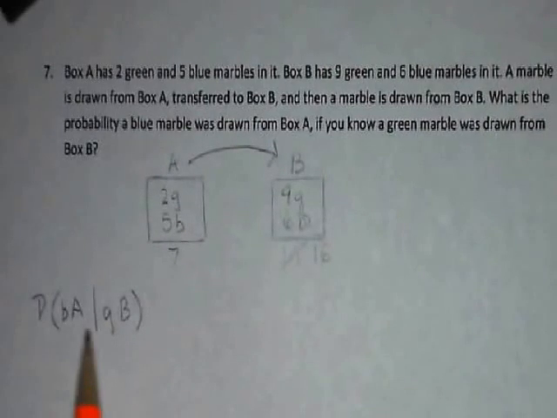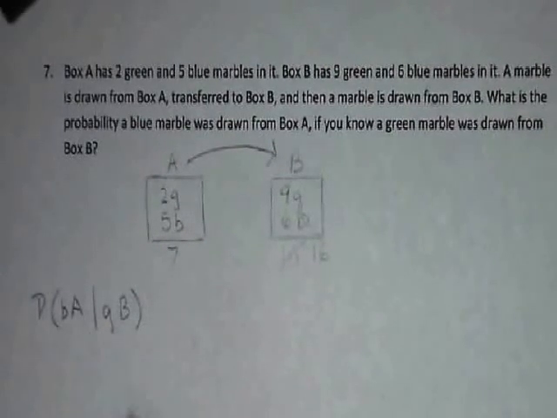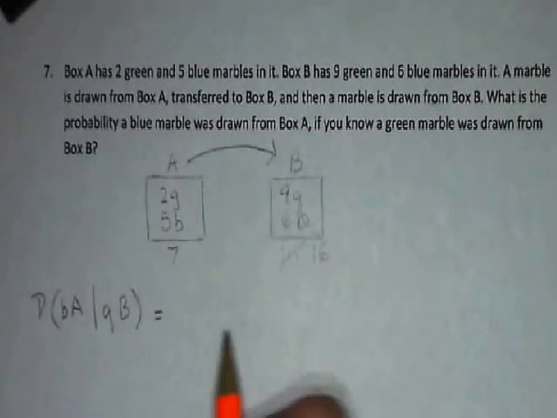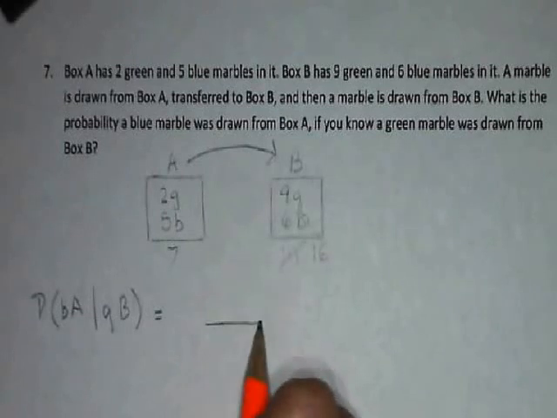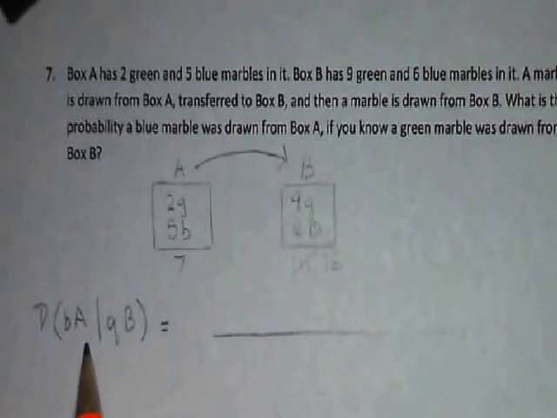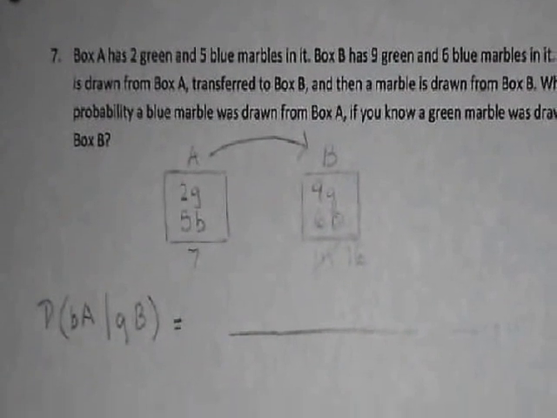This is the reverse of what we can figure out by using our probability fractions. And so that's where Bayes' theorem comes in, because remember, Bayes' theorem is what allows us to find a given probability if we know the reverse of it.